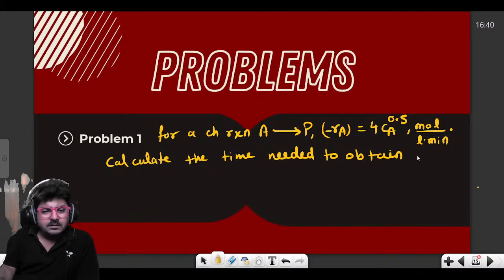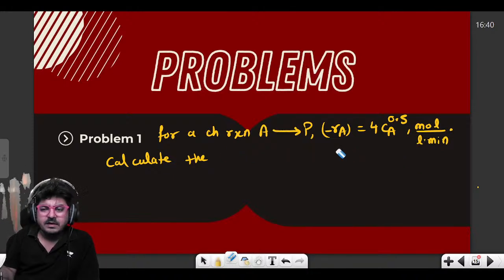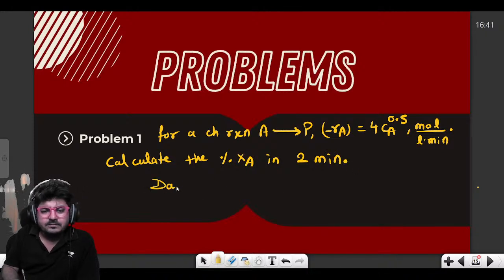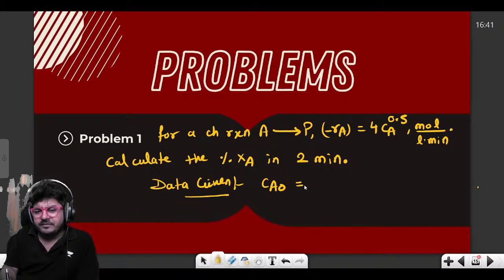Sorry, क्या है? Sorry. Calculate the percentage conversion of A in 2 minutes. Data given है आपको. Initial concentration of A, Ca0 is 10 mole per liter.